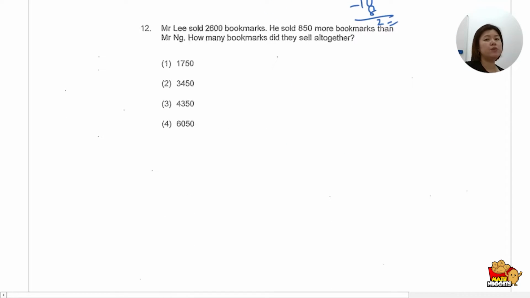Next, Mr. Lee sold 2,600 bookmarks. I saw more, so let's draw a model. He sold 850 more than Ng, means Lee is more.